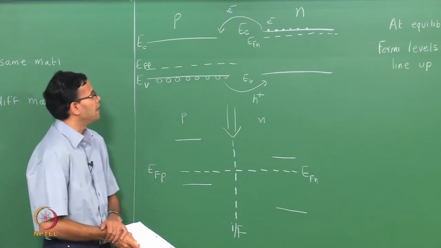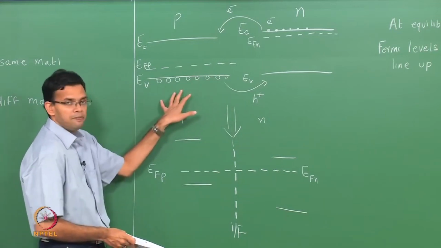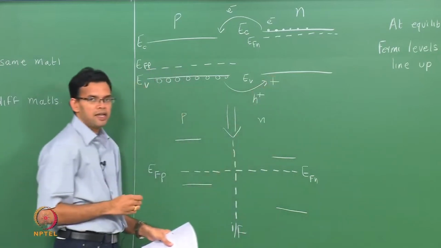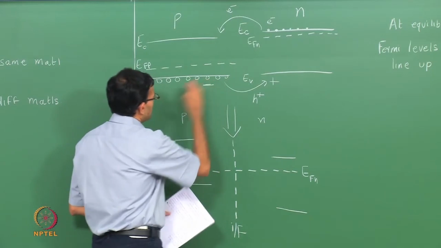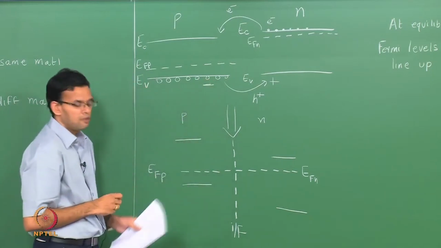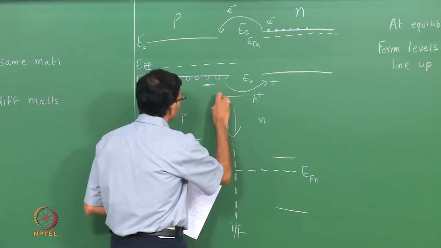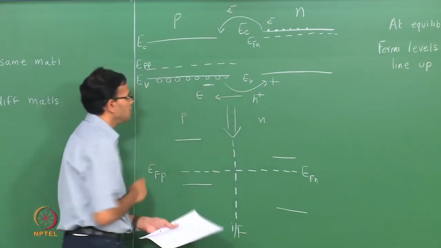Now, we said that electrons move from N to P, so that we have a net positive charge on the N side and a net negative charge on the P side, which means there is an electric field. So, the electric field goes from positive to negative.